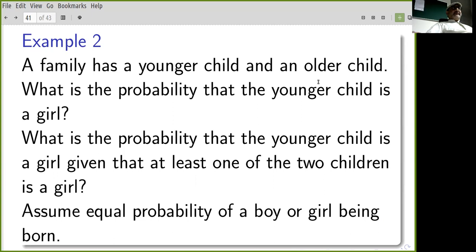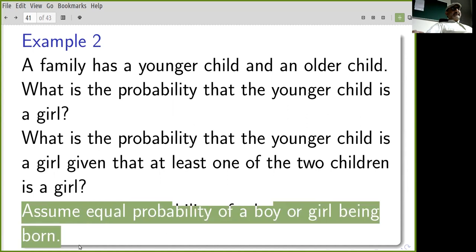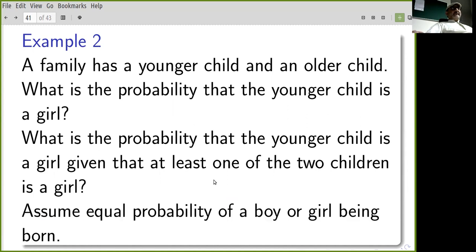But in our simplified thought experiment world, let's say there's an equal probability of a boy or a girl being born. Well, I would say the probability that the younger child is a girl is a half. Right? That's what we were given here: equal probability of boy or girl being born.